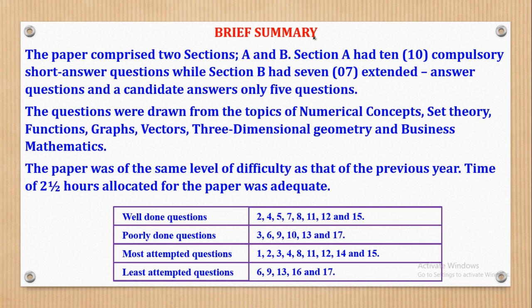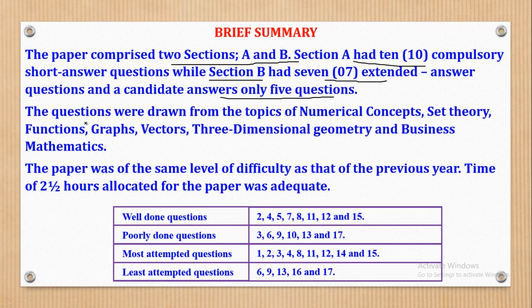And now let's look at this brief summary for the paper. So the paper comprised two sections, A and B. Section A had 10 compulsory short questions, while section B had 7 extended answer questions and candidates answer only 5 questions. I think I've already told you that.